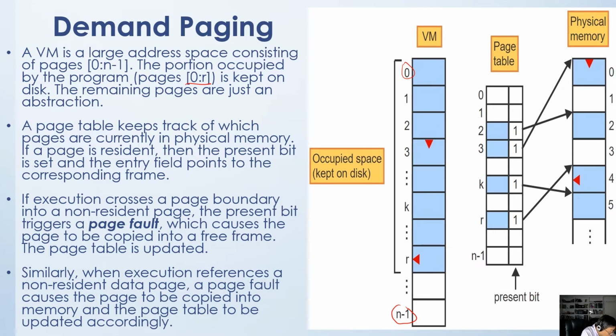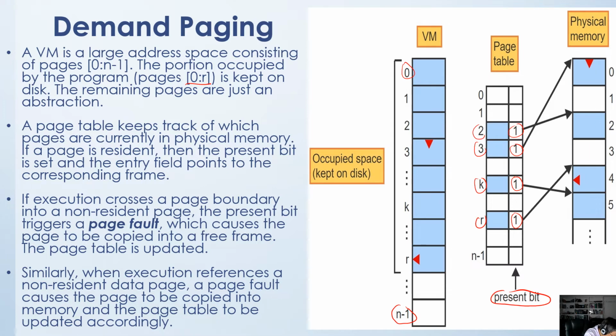So the page table keeps track of what pages are currently in the physical memory using the present bit, right? If the present bit shows 1, that means the corresponding page, for example, pages 2, 3, K and R, these 4 pages are in the memory. Okay, they are resident in the memory.